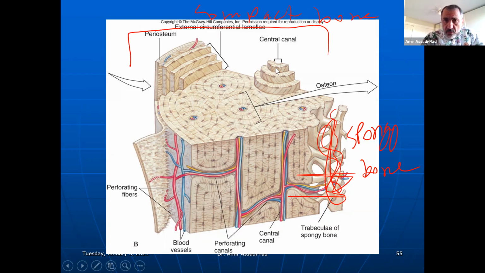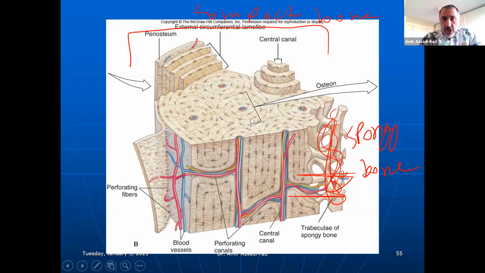This is an osteon. So in here you see 1, 2, 3, 4, 5, 6, 7 osteons, for example. They just cut a piece of the compact bone and showing it to you. So the osteons go all around, and then spongy bone, and then the medulla, your bone marrow, sorry about that.